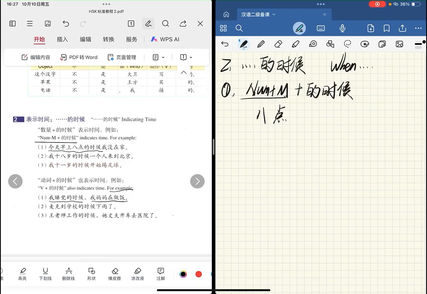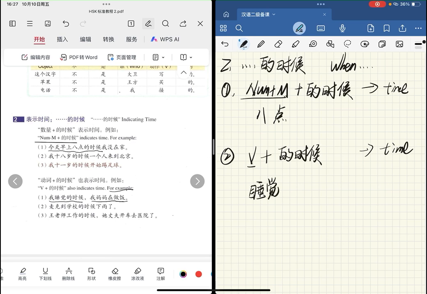It's like 睡觉, sleep. The verb like sleep, 睡觉的时候, when sleeping.